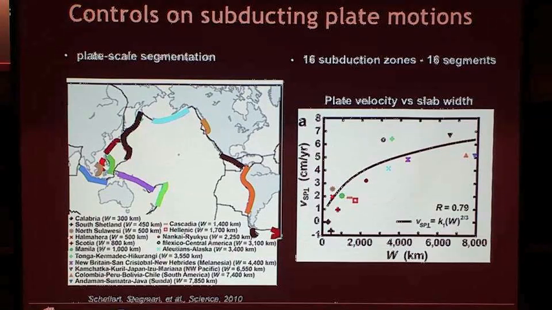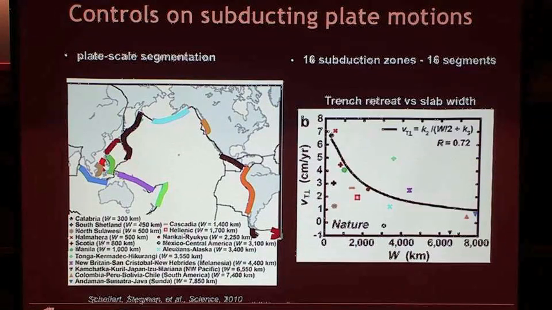Here's the Aleutians, and the length of that blue line is the width of the subducting plate that's going down there. We can also measure the trench retreat rates, and they tell the opposite story. Remember, this one had a large component of trench retreat, and that's why it's so variable that it does not come anywhere near this line.